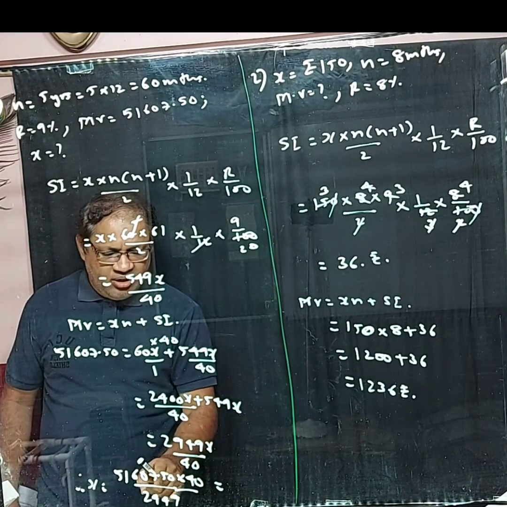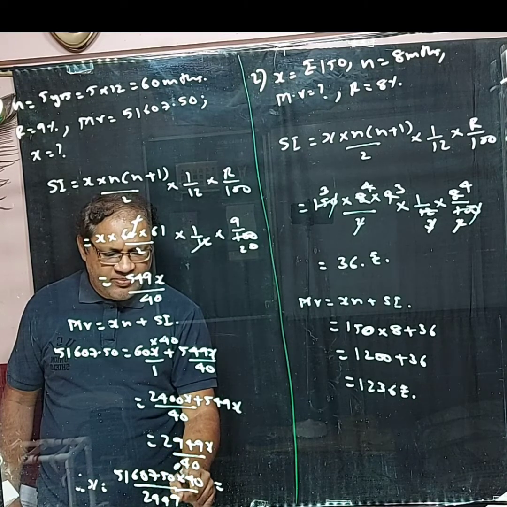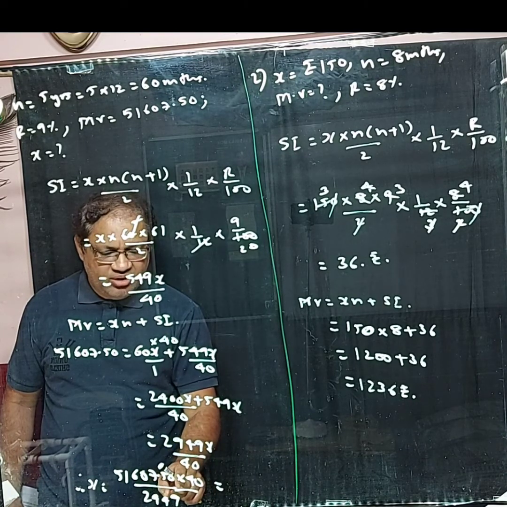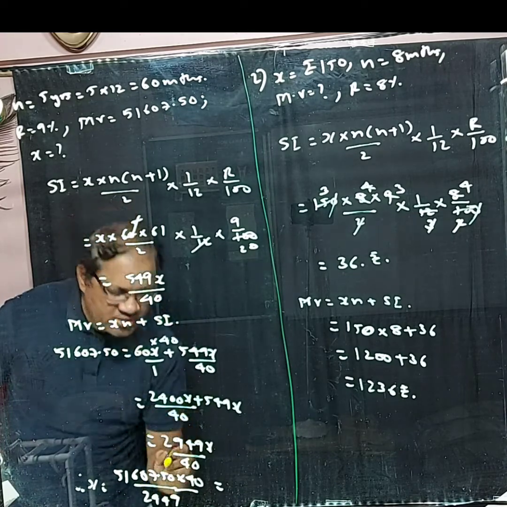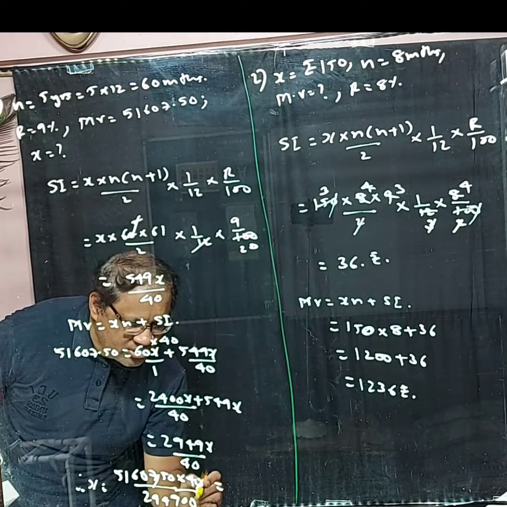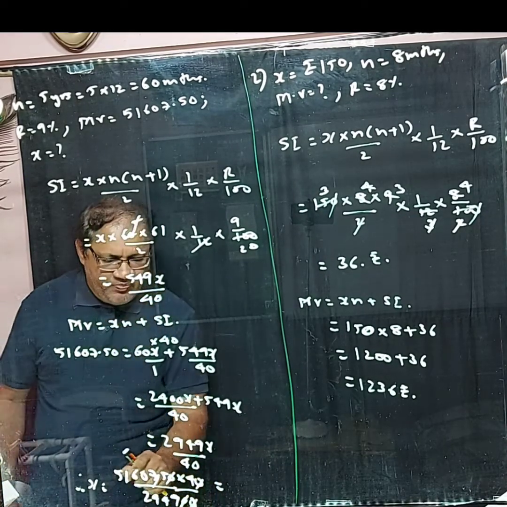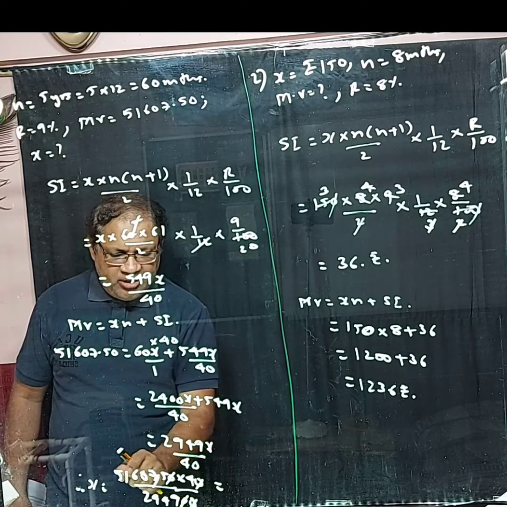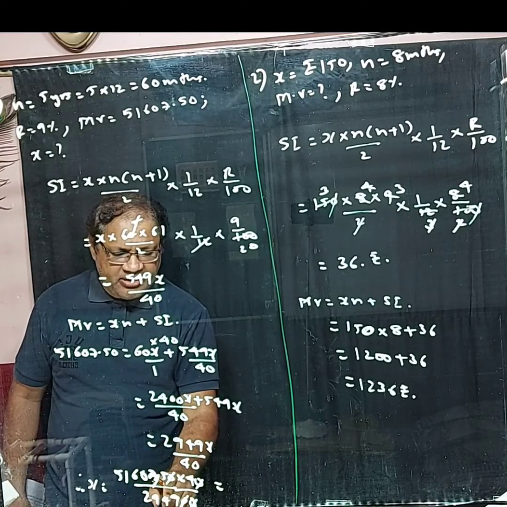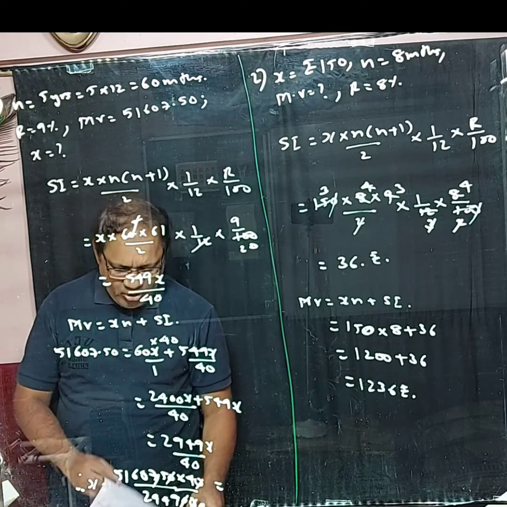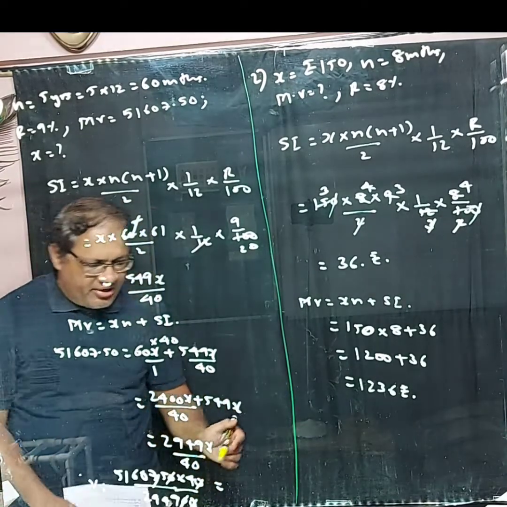You can remove the point, 2 zeros will come, then cancel those 2 zeros. This 0 gets cancelled, this 0 gets cancelled, and then this can be divided by this, and after you solve it, you get the answer as 700.